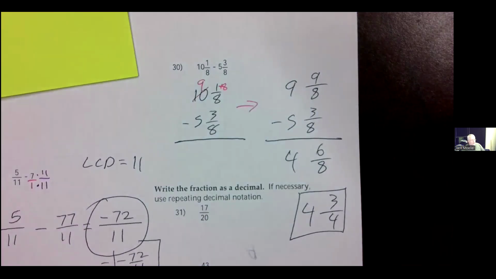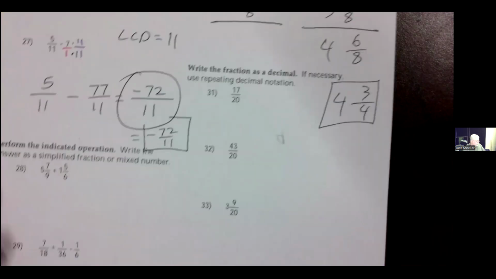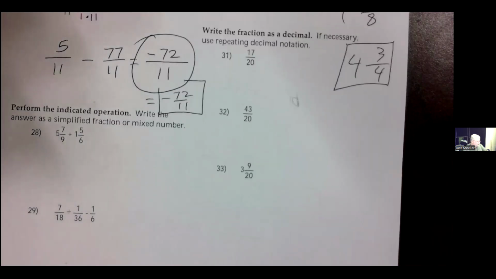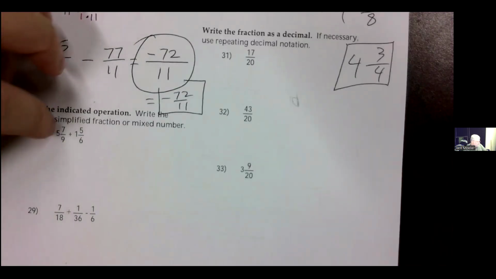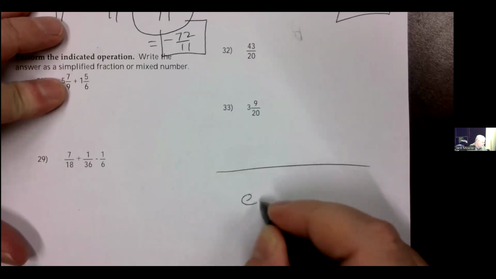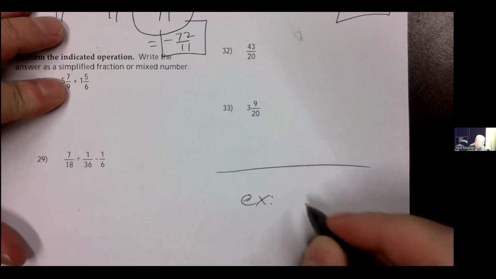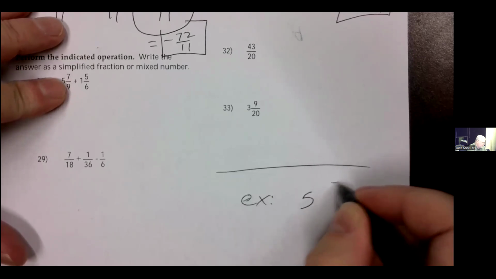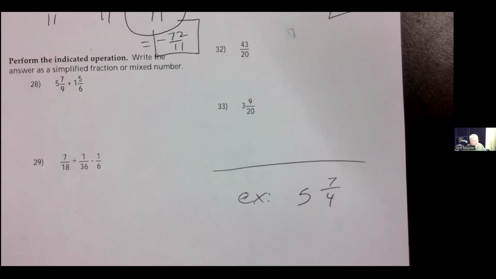I'm not going to do a big addition for mixed numbers, but I do want to throw out, let's say, for example, you were adding a couple of mixed numbers and you got for an answer 5 and 7/4. Because you're just adding the whole numbers to whole numbers, fractions to fractions, that's what you ended up with.